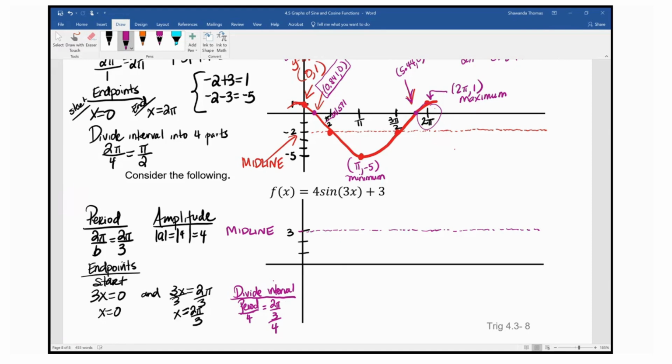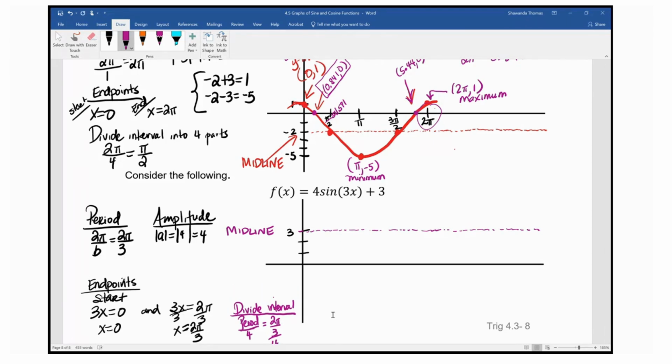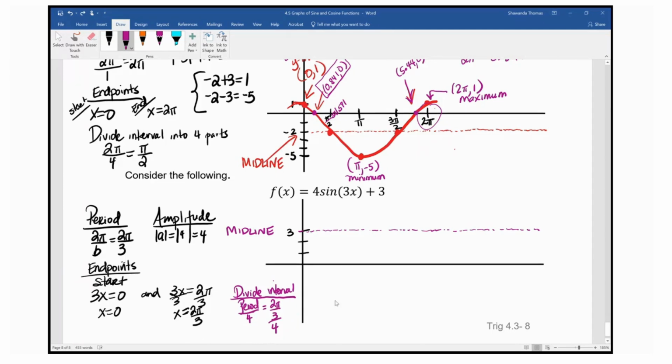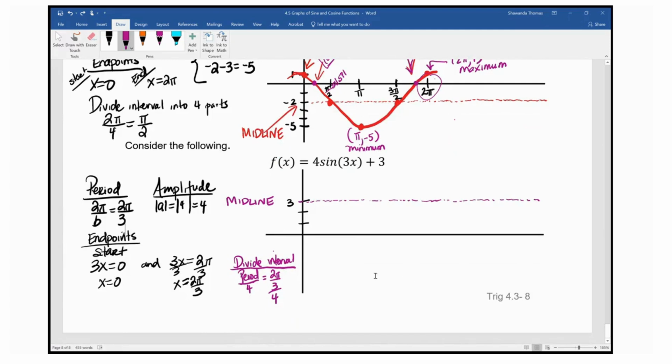What is our period? 2 pi over 3. You said the period divided by 4, right? Yes, ma'am. So what is 2 pi over 3 divided by 4 then? Anybody?